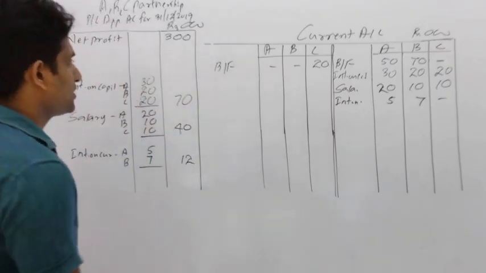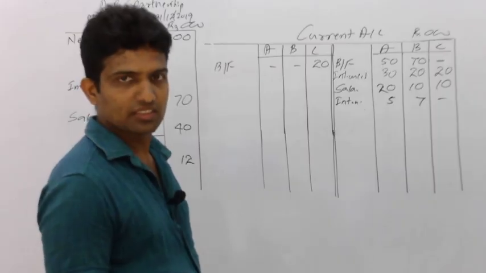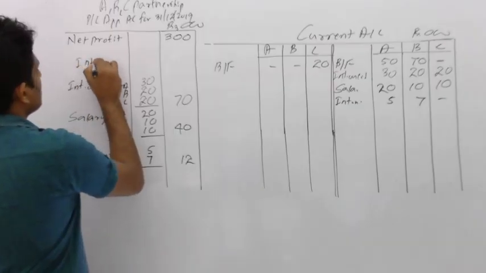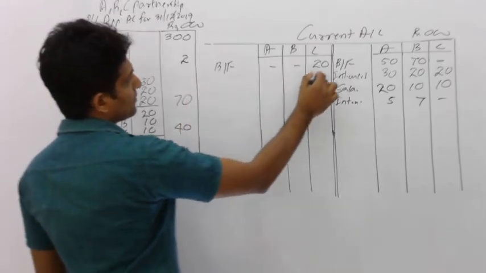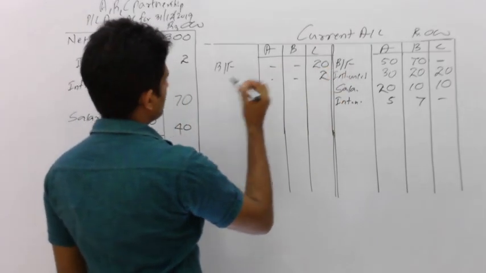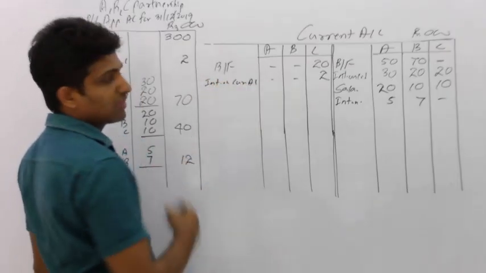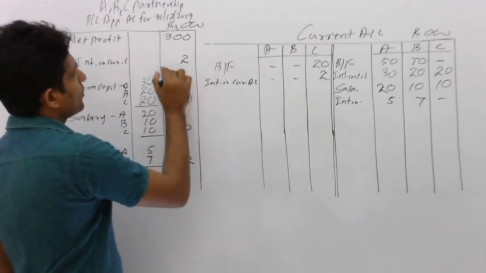Therefore, when we charge interest, on this 20,000 you have to charge 10%, in case it's 10%. If 2,000, you have to add interest on current account balance for C, that 2 you have to add here. That means you have to debit here. Interest on current account balances. Then you can balance the appropriation.